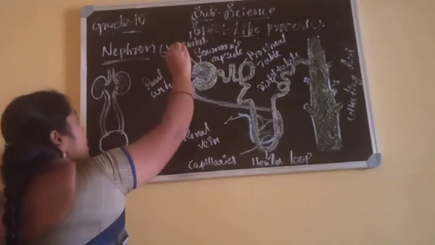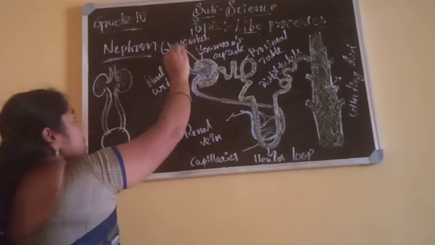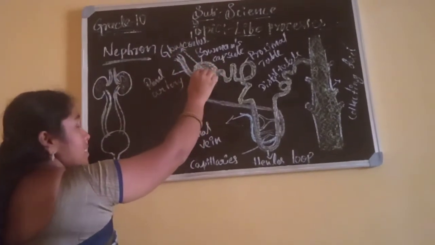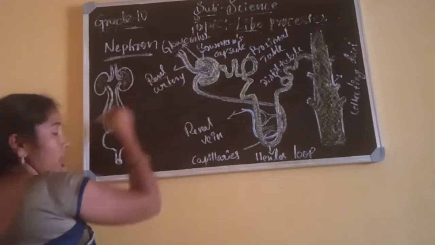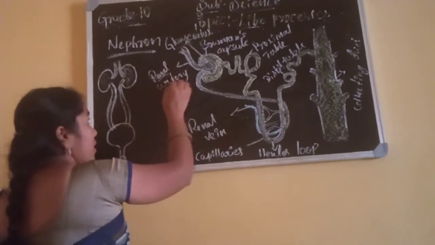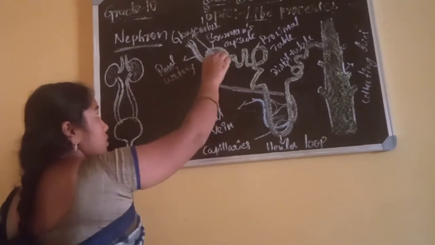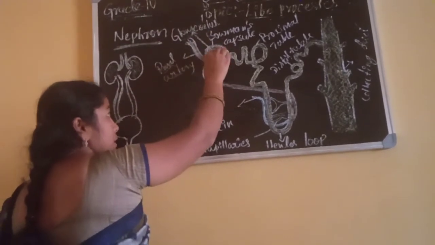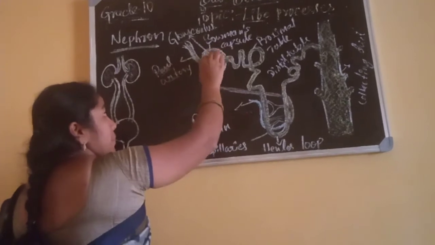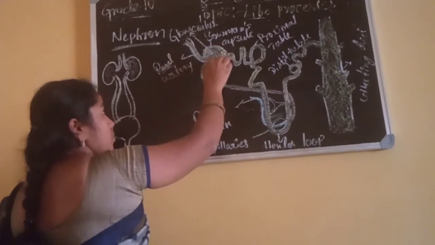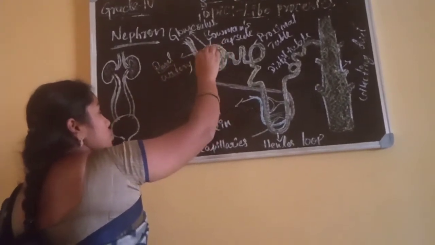Dear students, the pure blood comes and enters the Bowman's capsule through the renal artery. Through the renal artery, pure blood reaches the Bowman's capsule and glomerulus. Here, many capillaries are associated and close together.